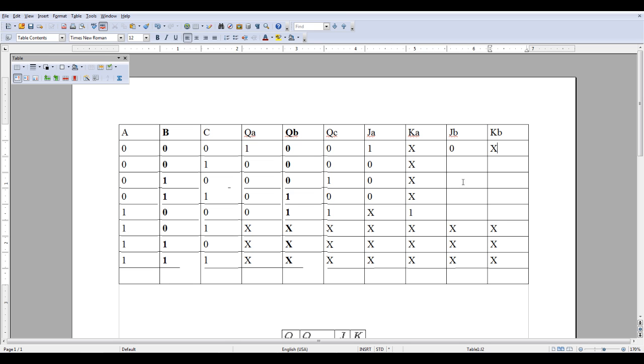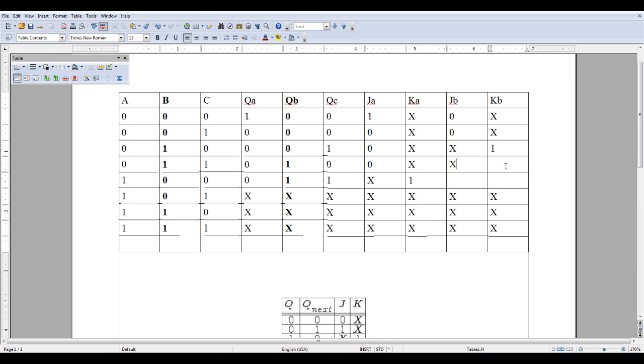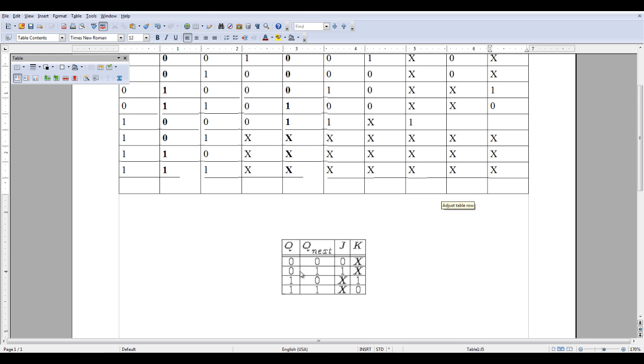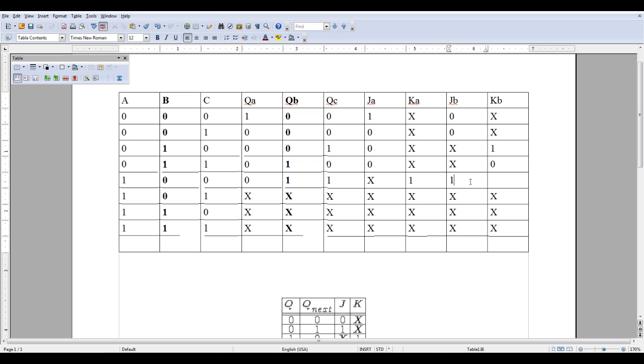And then 0 to 0, we have 0X, we have 1 to 0, X1, we have 1 to 1, that's X0, X0, and 0 to 1, that's 1X, 1X. So we have these four.